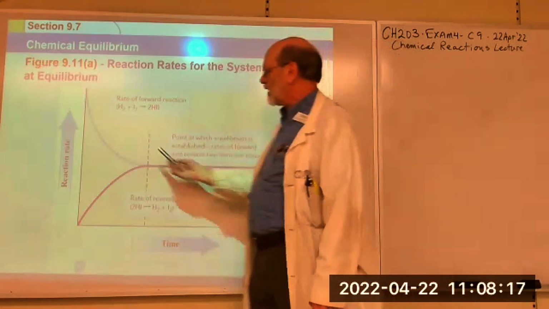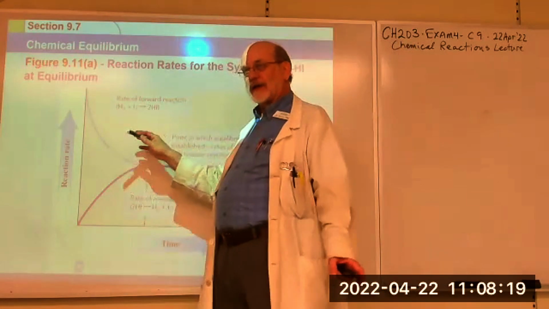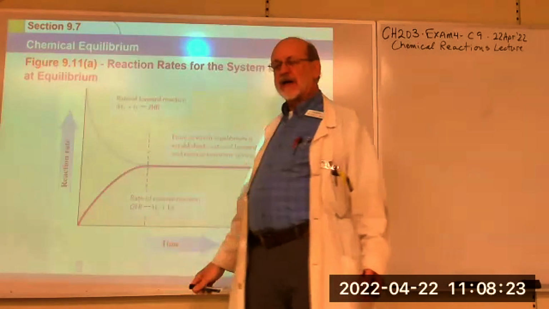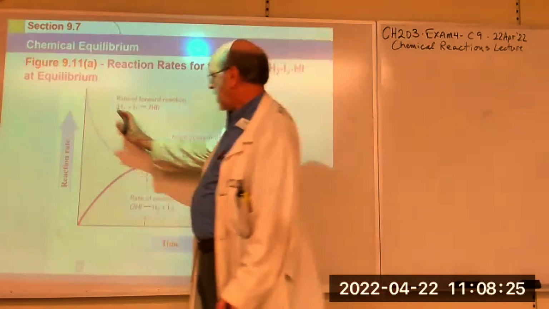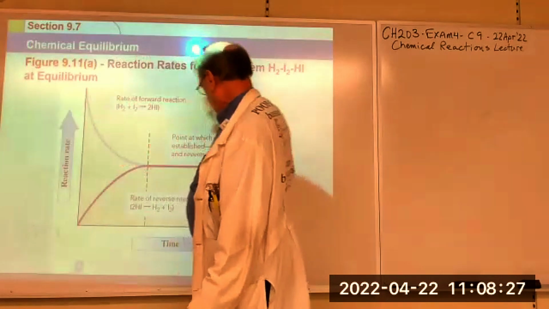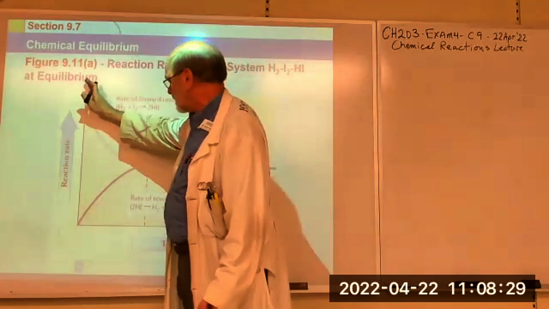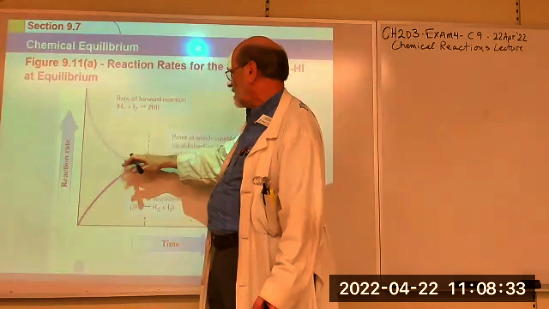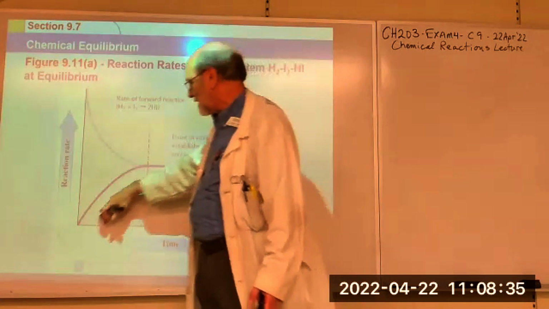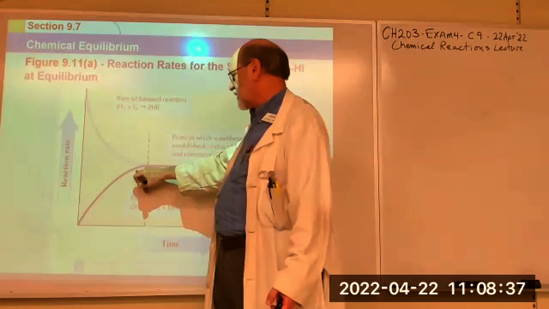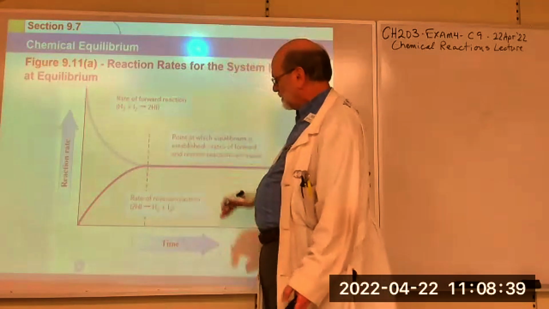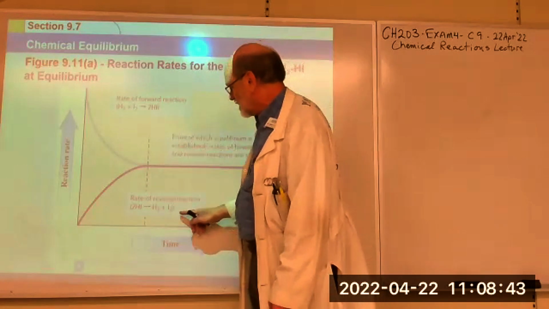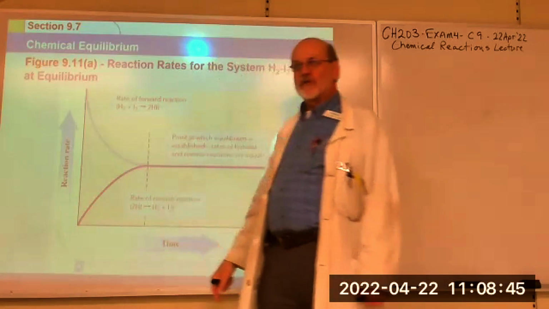So if you start off with hydrogen and iodine only, then it's going to produce hydrogen iodide, and the reactants in this light blue line are going to decrease over time. And then you're producing hydrogen iodide, it increases in concentration until you reach a point where this forward reaction is balanced by that reverse reaction.